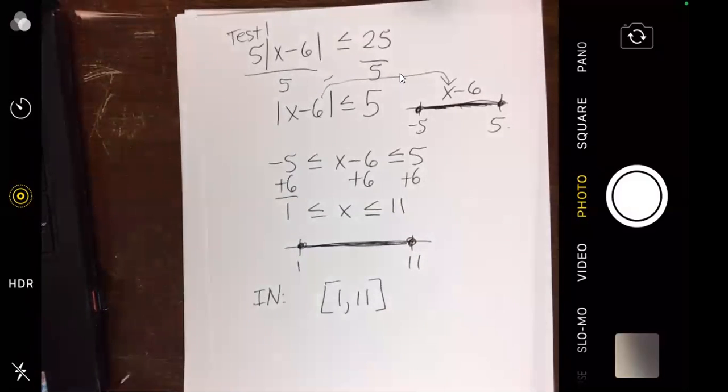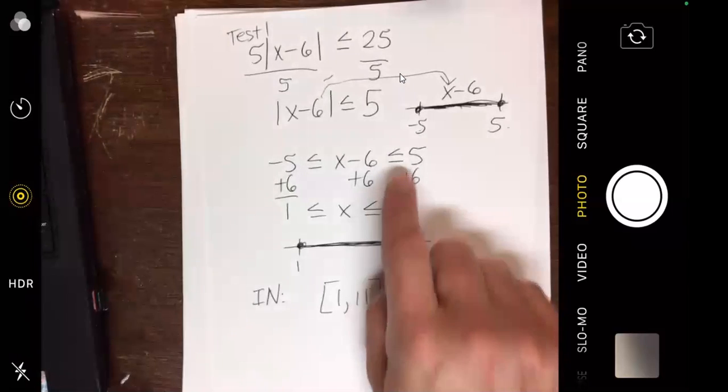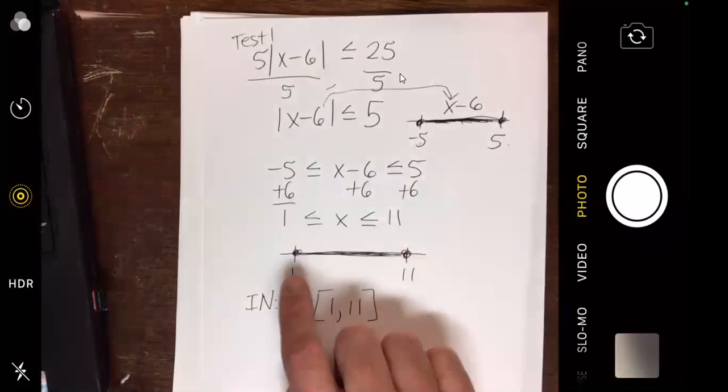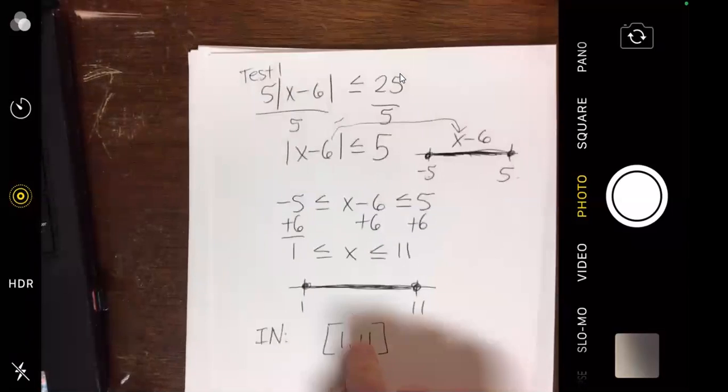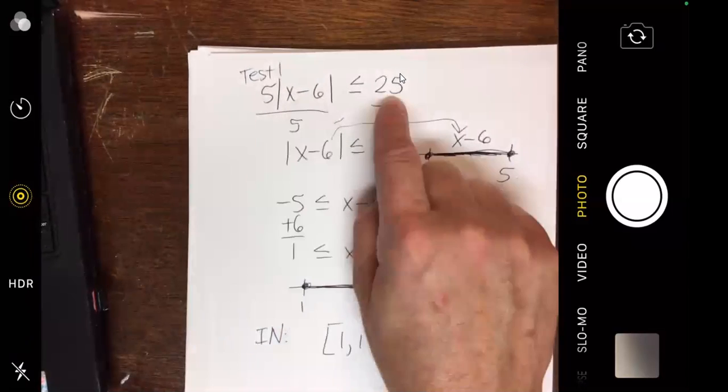Is that too fast? No, I think on my test, I just thought that one of the circles was closed. I thought it was open rather, and so that's why I answered incorrectly on it. Okay. No, on this one, yeah, because of the or equal to, you get or equal to's here, and 1 and 11 work, and any number in between 1 and 11. We could punch up here and come up with something less than or equal to 25.